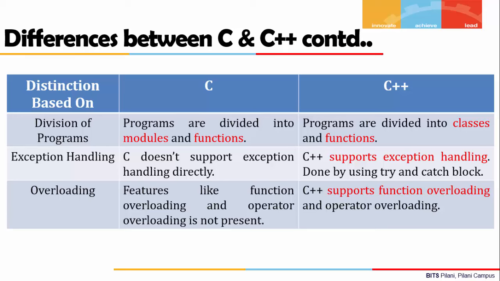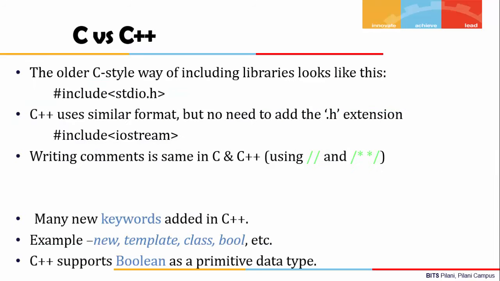Also, operator overloading is present in C++ and absent in C. So these are a few differences between C and C++. Let's see some more analogies between C and C++. The basic structure of C consists of hash include stdio.h in order to make use of printf and scanf functions, that is standard input output.